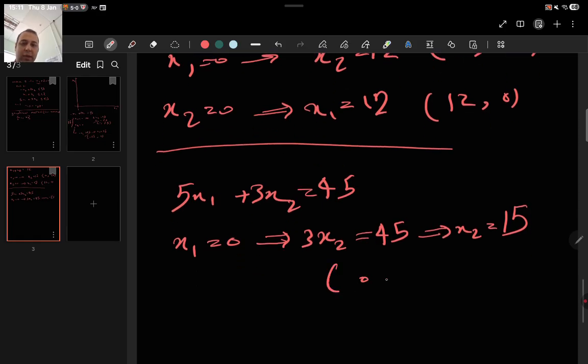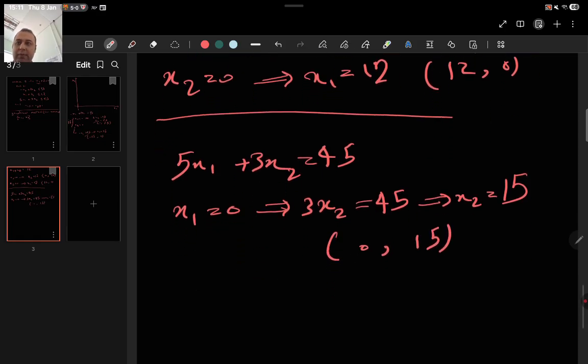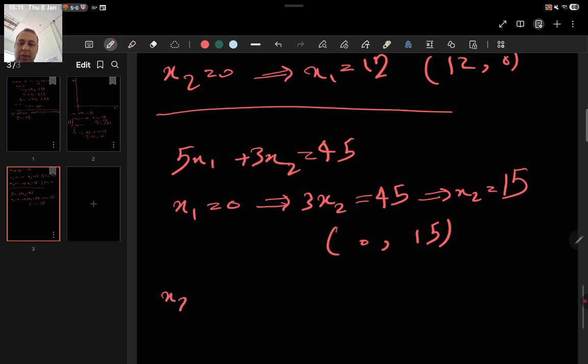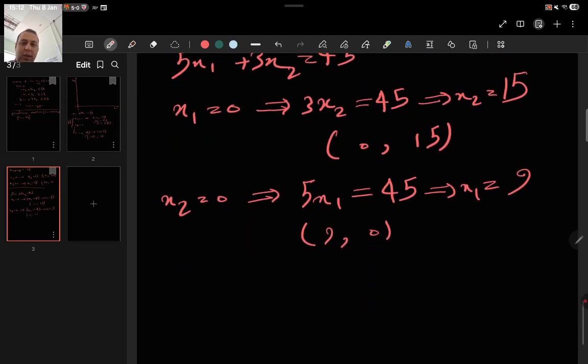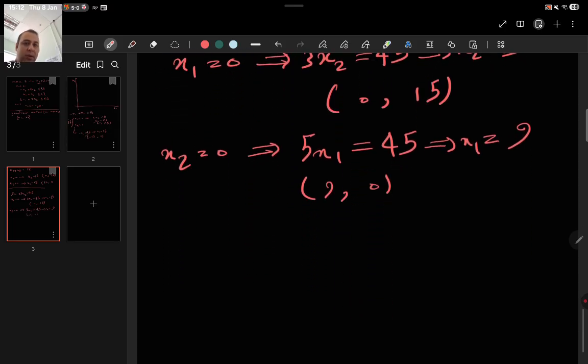So we have 0 and 15. If x2 equal to 0, we have 5x1 equal to 45, so x1 equal to 9. So we have 9 and 0.